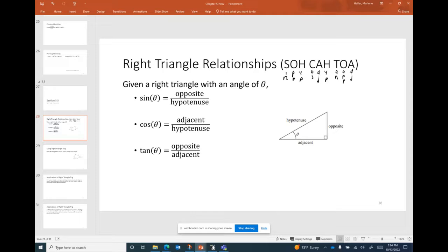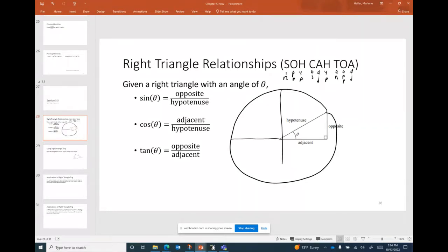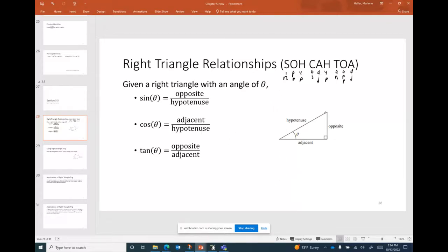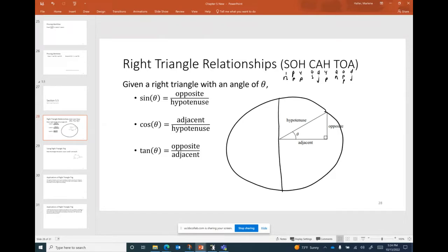Because if I take this right triangle and put it inside a circle, it's exactly the same thing that we've been talking about. Anyway, pretend this is a circle sitting on the origin, like we've been using.